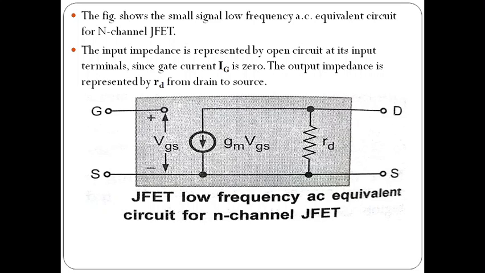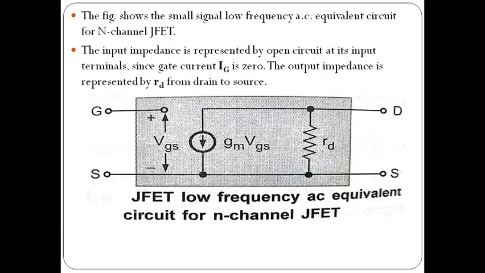So here we can consider the equivalent circuit with VGS, the gate to source voltage. Here it is considered as a common source, so the source is common to both input and output. The input is the gate and the output is the drain terminal. In this, the output impedance is represented with rd from drain to source.